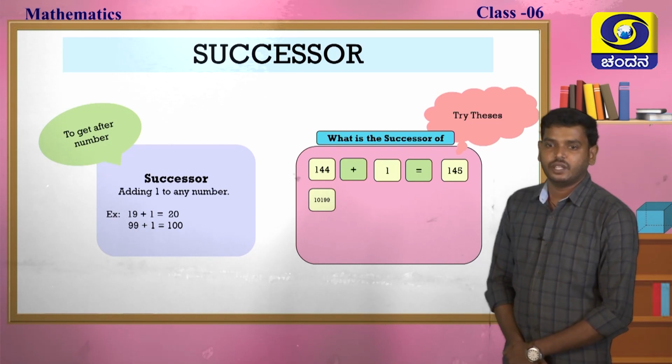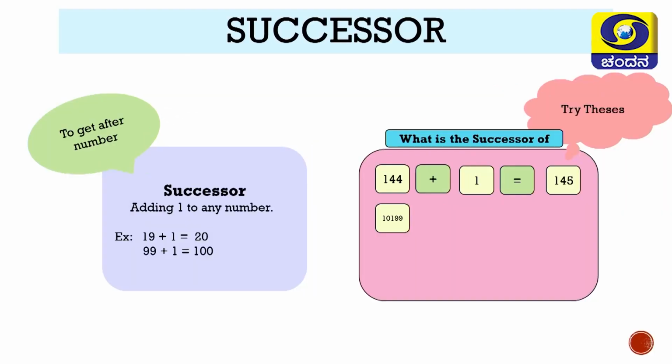Next number, it is 10199. What is the successor of it? Yes, of course, what will we do? We will add 1 to it, so that we will get the successor, 10200. Let me take another question, 2345. What is the successor of this number, children?